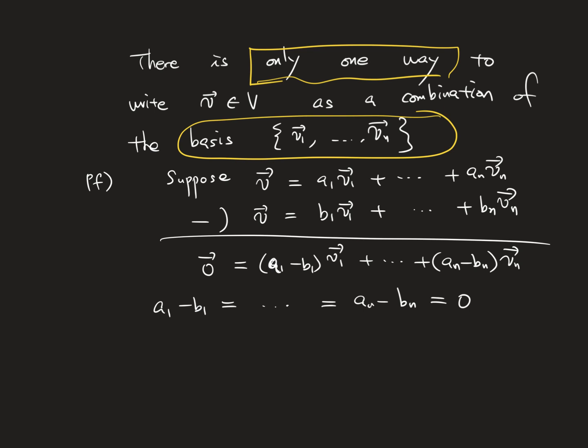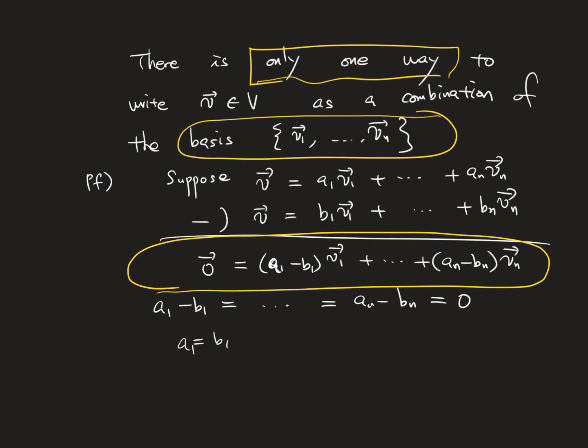Otherwise, v1 through vn would be dependent, because in this equation we have only the trivial coefficients when the vectors are linearly independent. So a1 is equal to b1, and so on, an is equal to bn. So there is only one way. I mean, the linear combination is unique.